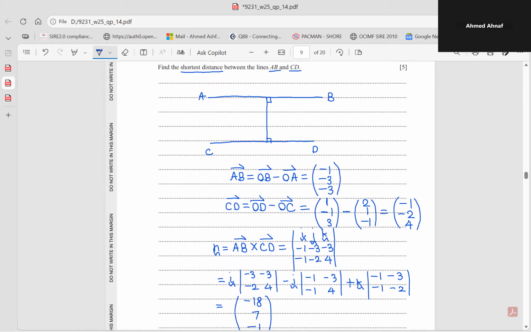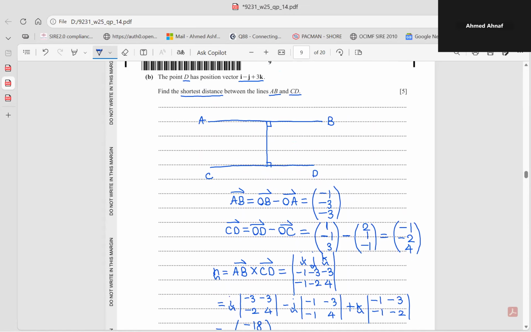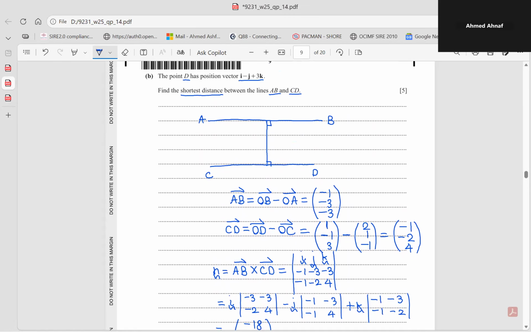Now, to find the shortest distance, we're going to take a point from either end of both lines. For AB, I'm just going to choose A, and for CD, I'm going to choose C. Then we make another line connecting those.